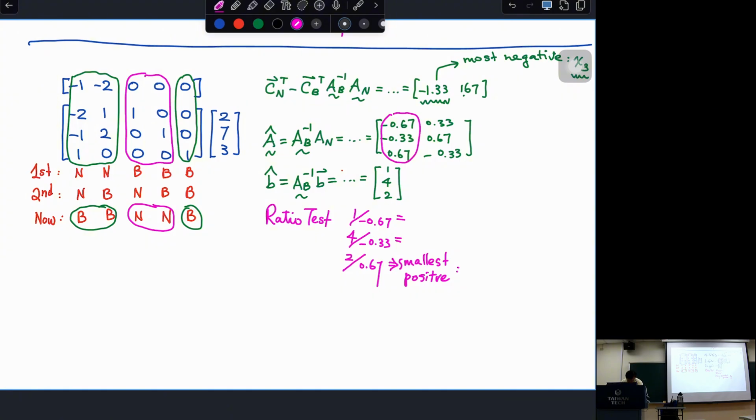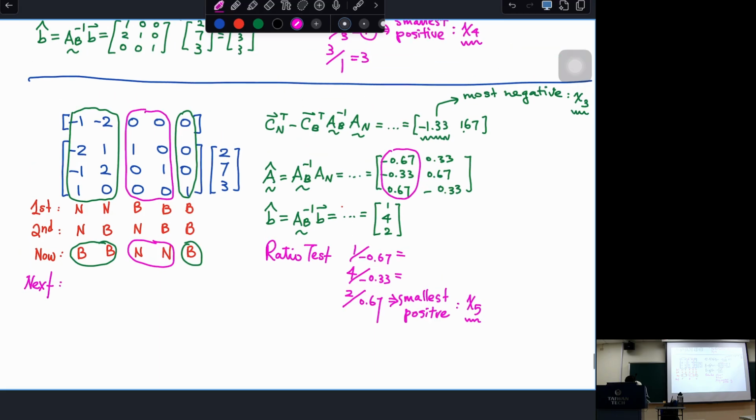Okay? So next iteration will be x5, x3 swap to b, and then x5 swap to n. The rest remains the same. And then do it again. Until I can tell you the next time.